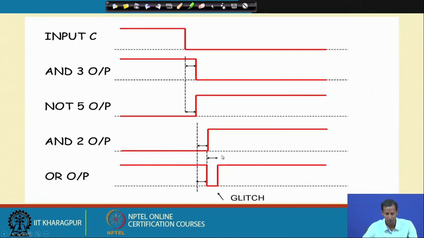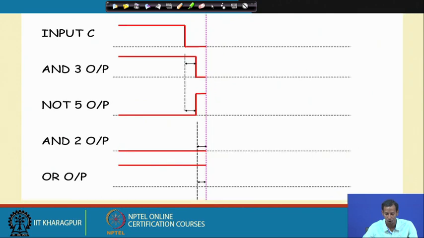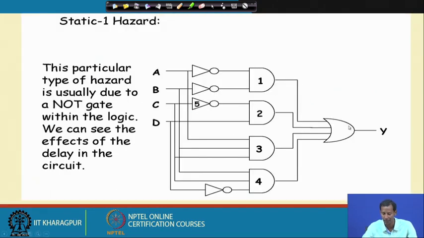Then again after some time what will happen, because of this particular term, this time period it will remain at 0, after that again it will change to 1. Why? Because OR is passing through 3 delay elements, that means 1, then 2, then 3.